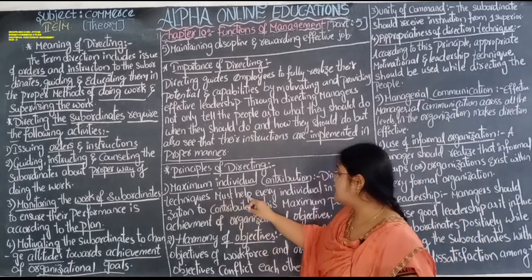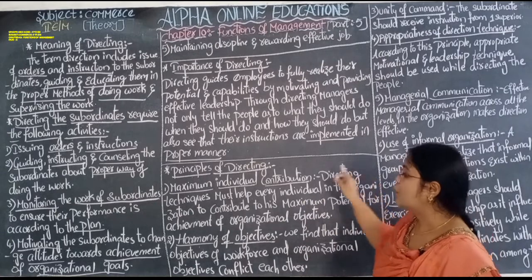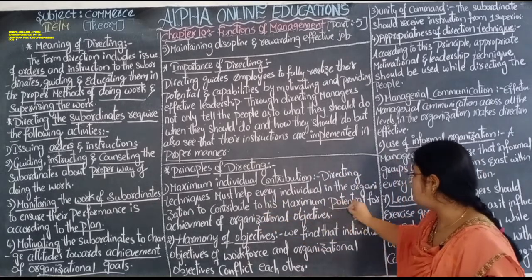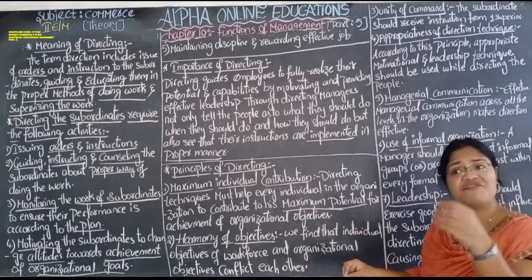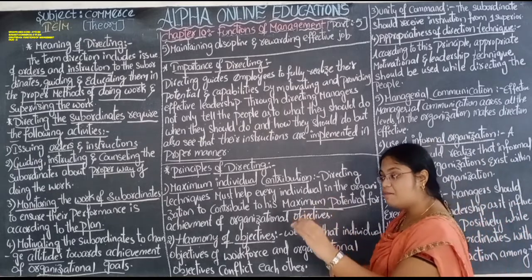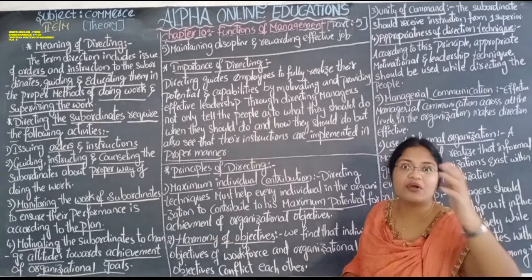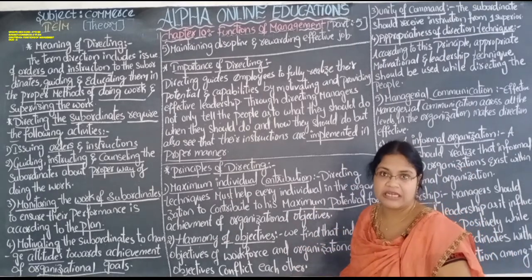Directing techniques must help every individual in the organization to contribute his maximum potential. Maximum potential means maximum capacity. In doing a work, every person has different capacity. A person will complete a work within a week, another person will take a month to complete it, and one more person takes just one day to complete that particular work.